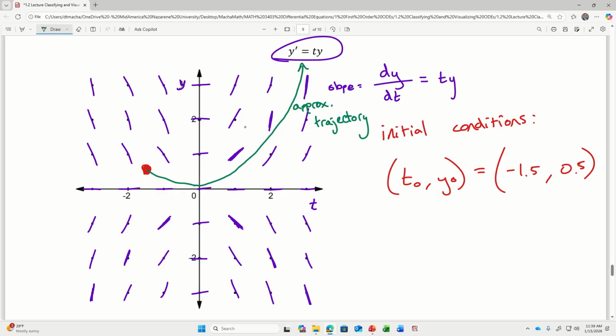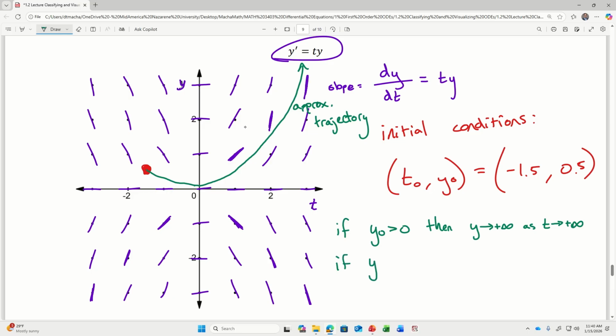And there's some things I can say qualitatively by looking at this slope field. One thing I could say about the end behavior is that if my starting value is greater than 0, then y approaches positive infinity as time goes on.